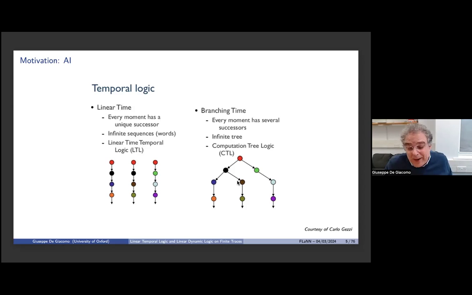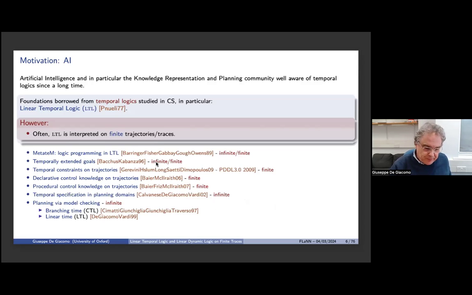Actually, it's a sort of cooperative choice. So this additional power the branching time gives you is not very useful. Since we are really focusing on planning and decision making, we are pretty satisfied working with linear time instead of branching time, and doing synthesis instead of model checking over this logic.